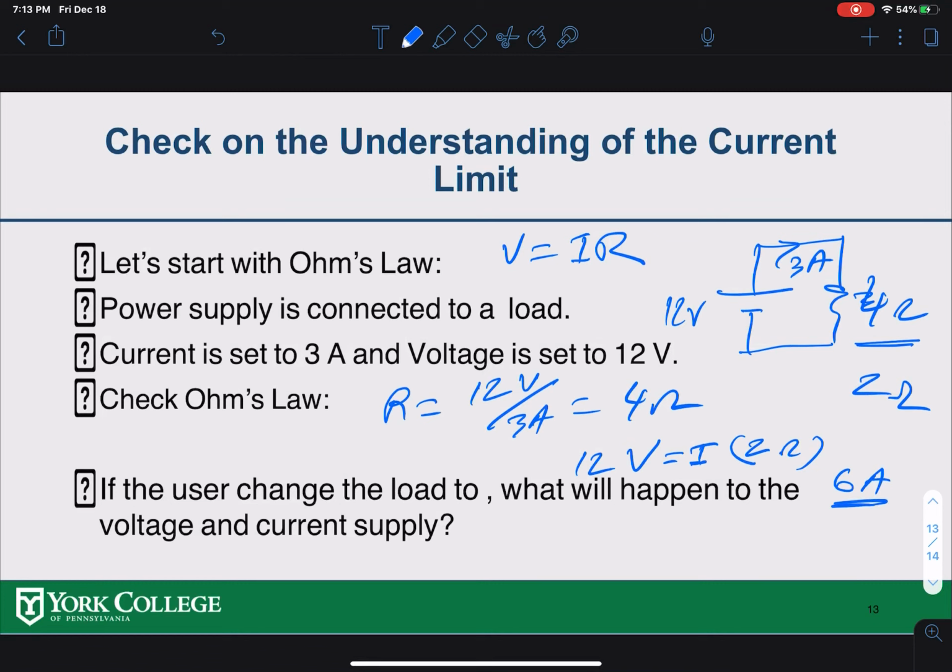So if you have a constant voltage supply and you don't have any limit on current, it will supply 6 amps.